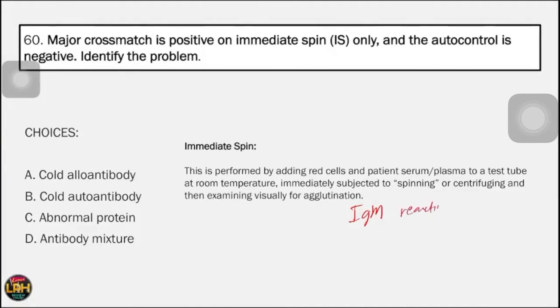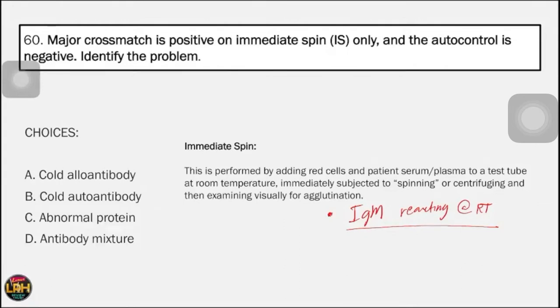Immediate spin is only helpful in detecting this kind of antibody, but the clinically significant immunoglobulin G or IgG antibody is not reacting with the immediate spin because it reacts specifically at 37 degrees centigrade.